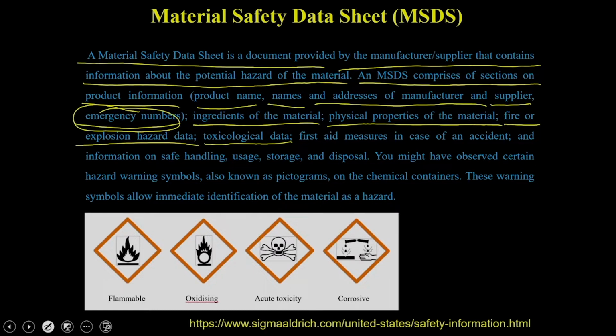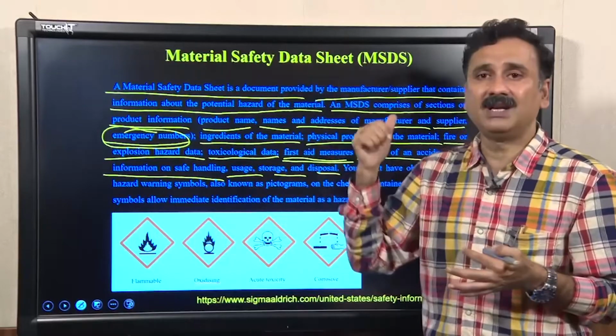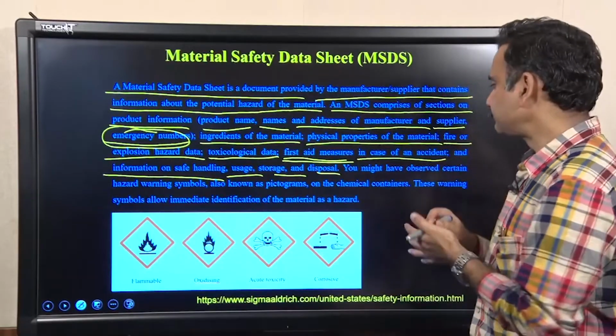It also tells you what kind of first aid you can give if you get burned or exposed to the material in case of an accident, and information on safe handling, usage, storage and disposal. All the information you require before you use this chemical is provided in a data sheet, and that is called the material safety data sheet or the MSDS.